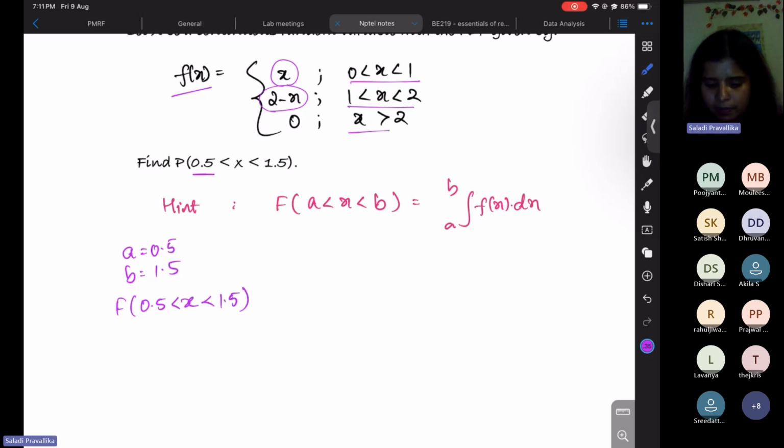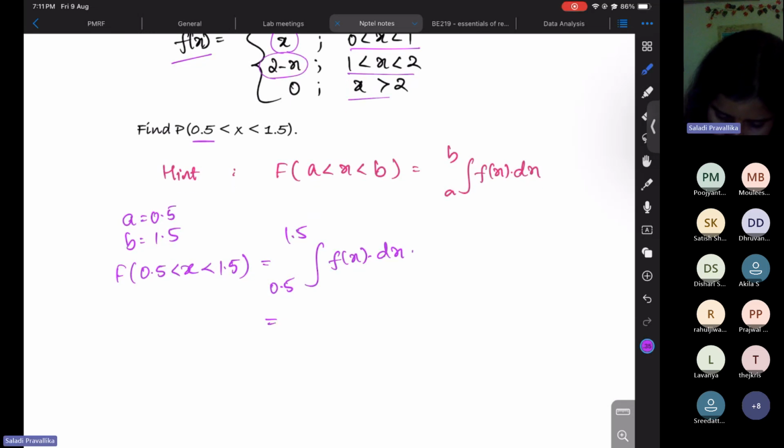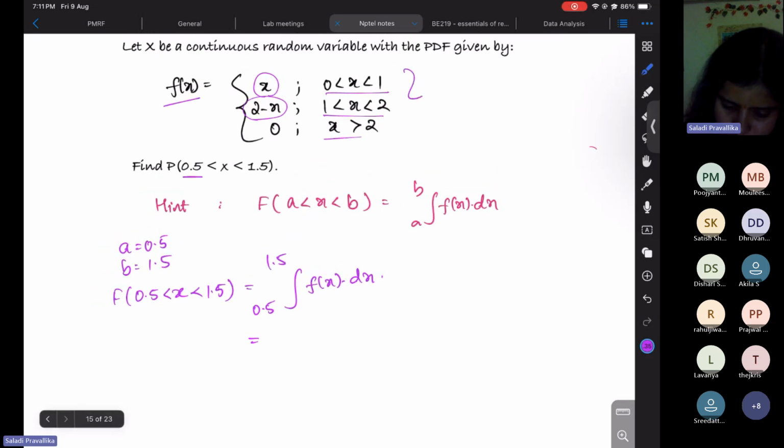Okay, x lies between 0.5 and 1.5, right? So we can write it this way: the integral of f of x dx. Now we have these intervals, right?